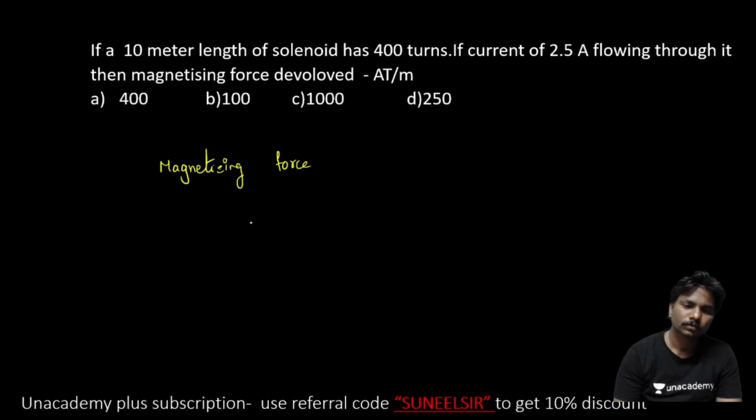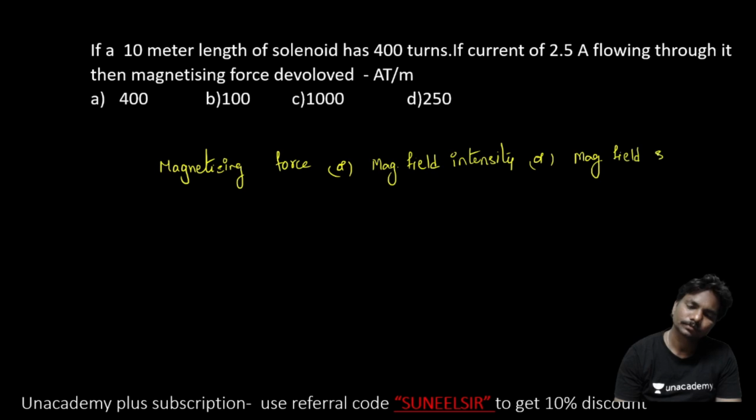Magnetizing force, or magnetic field intensity, or magnetic field strength, is given by H, that is equal to MMF by length.